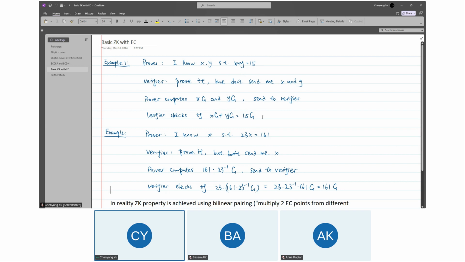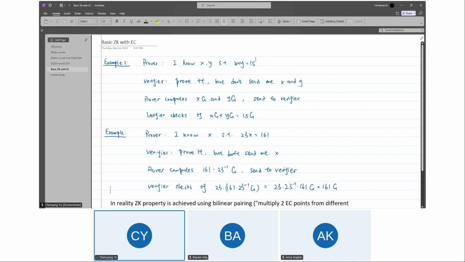Pretty interesting. You see, the zero knowledge property is easy to achieve, but the problem is efficiency, okay? Right now we won't walk through the real world zk protocols, we're going to cover them next. For now, we are getting this intuition.